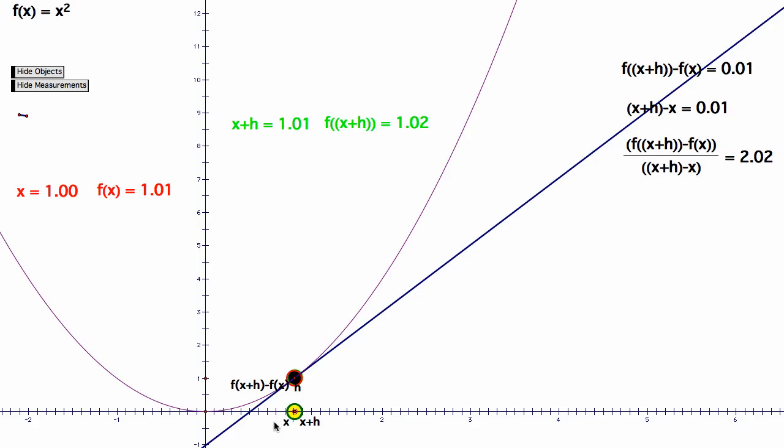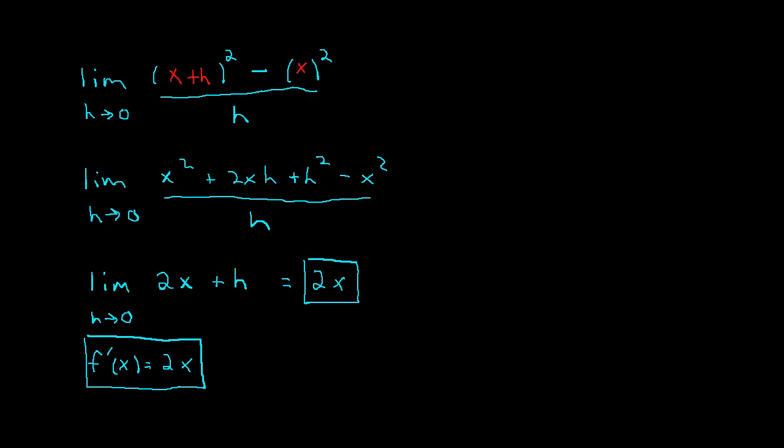My x value is 1. So back here, if I wanted to know the slope of f at 1, I could simply evaluate f prime of 1. This means that the slope of the tangent line to f at 1 is 2. That's my instantaneous rate of change.